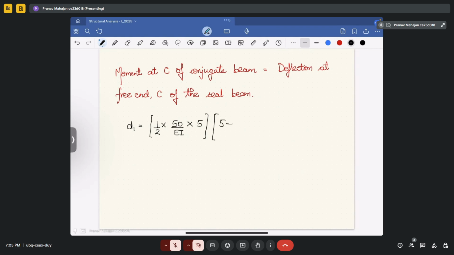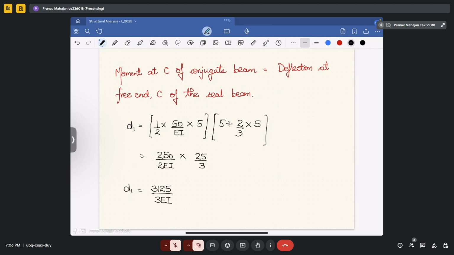It will come out as 5 plus 2 by 3 of 5, and that will be equal to 250 upon 2EI multiplied by the distance, 25 divided by 3, and if you solve this, you will get the value of D1 as 3125 divided by 3EI. Fine.